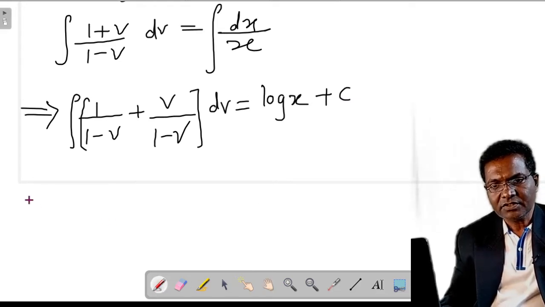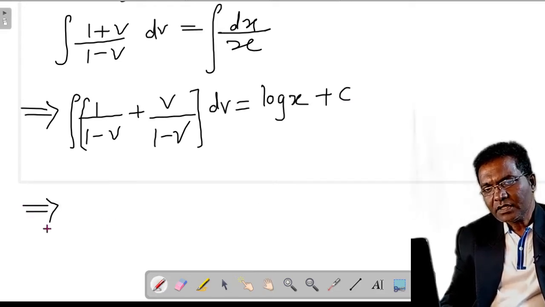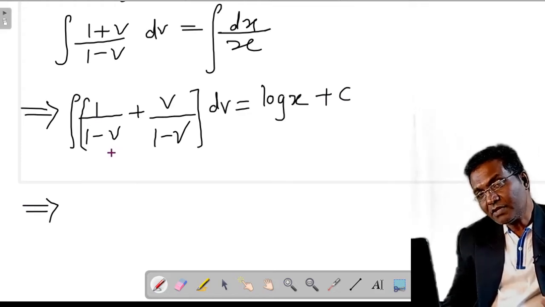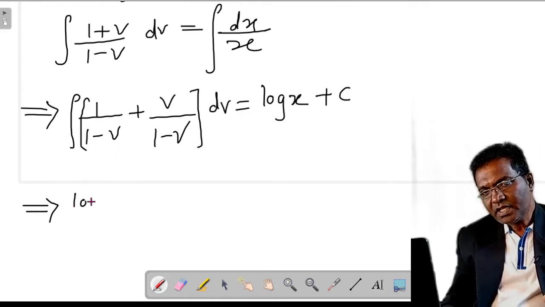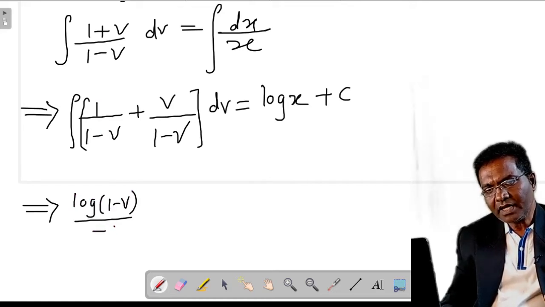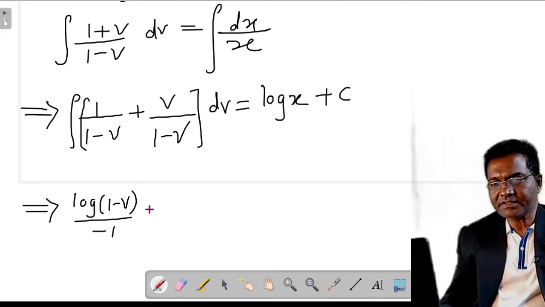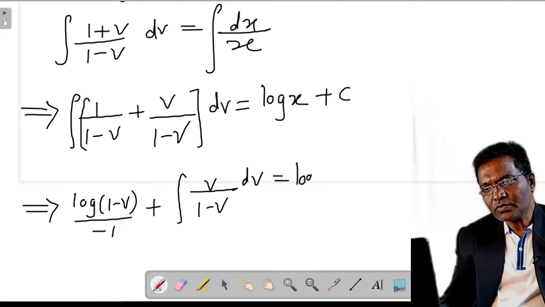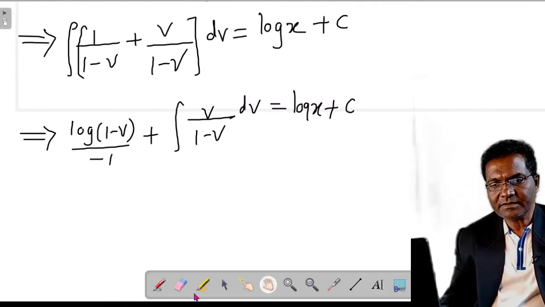Okay. So now you need to integrate this. The integral of 1 by 1 minus v is log of 1 minus v divided by minus 1. I will tell you why. And this I can keep as it is, the integral of v by 1 minus v dv equals log x plus c.